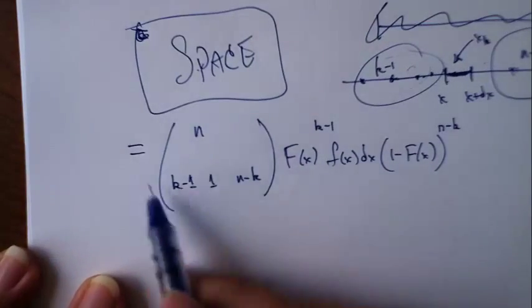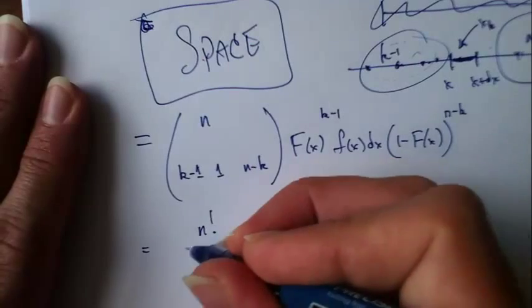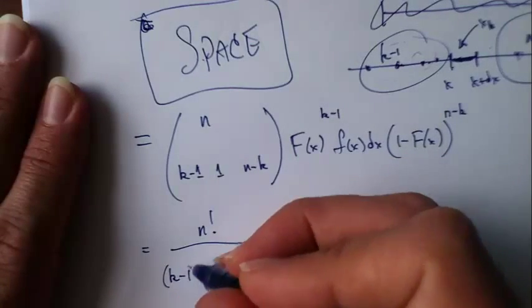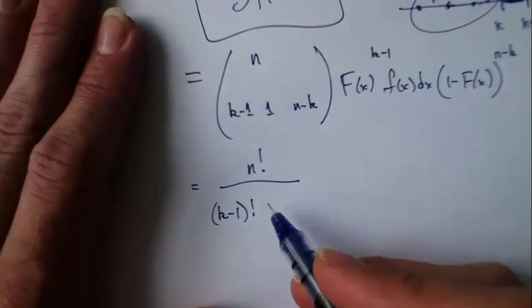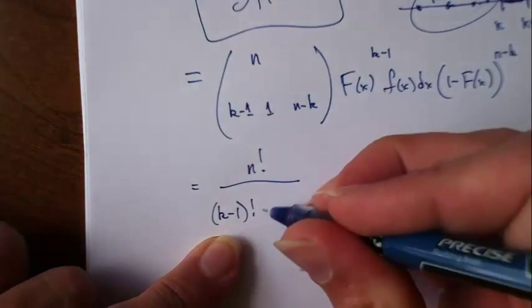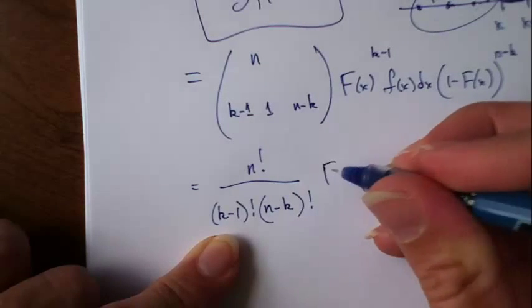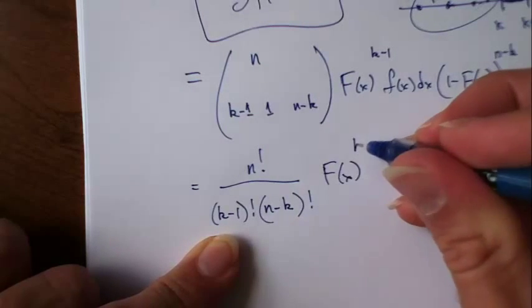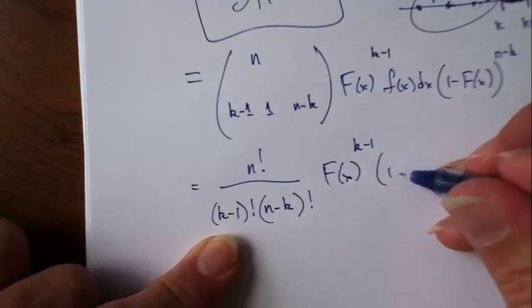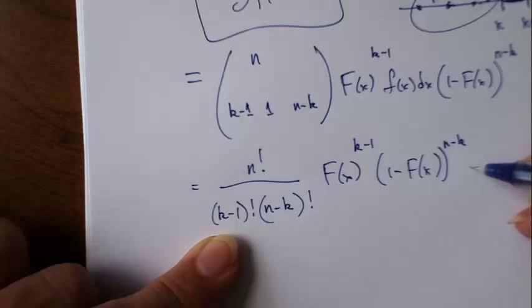In case you don't know what this notation means, it should be pretty obvious that what we mean by that is n factorial over k minus 1 factorial times 1 factorial. I'm not going to put it there, but there's a 1 factorial there, and then times n minus k factorial, okay, times F of x to the k minus 1 times 1 minus big F of x to the n minus k times the density function f.